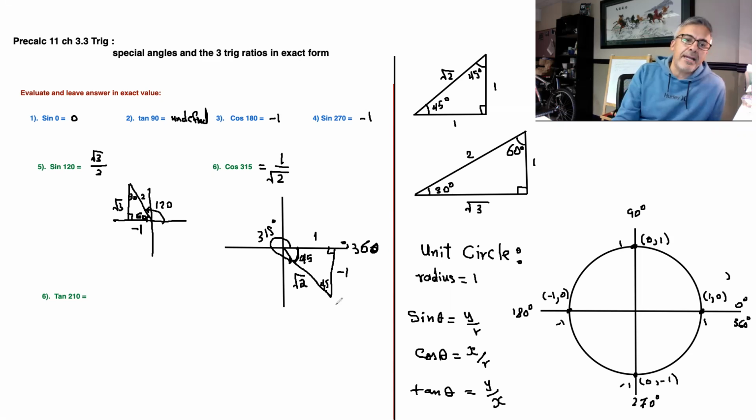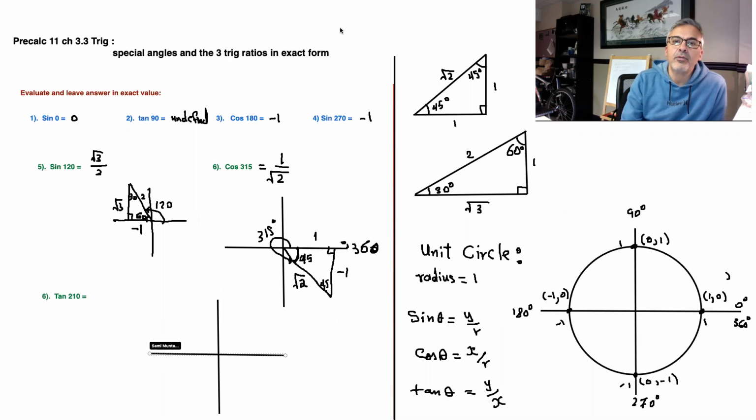Now if we're doing tan 210, I'm just going to graph that right here. So for tan 210, you plot the angle in standard position.